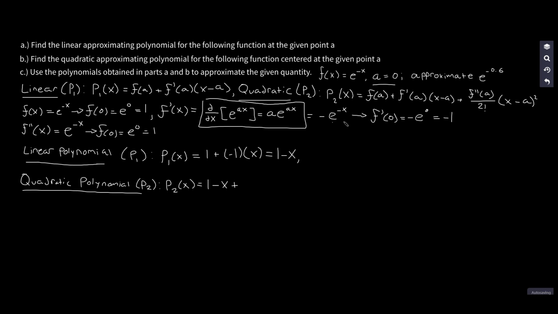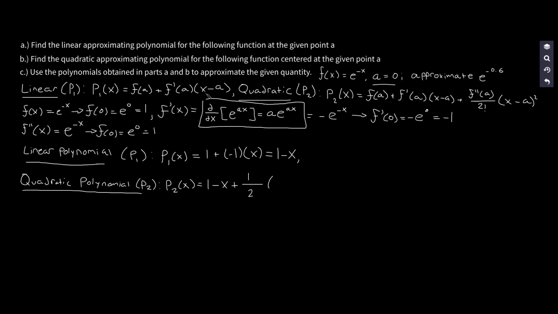Plus, now we have to look at this formula, f double prime of a over 2 factorial. Well, the second derivative, what did we get for the second derivative? Just 1. So it'll be 1 over 2 factorial, but 2 factorial is just going to be 1 times 2, which is 2.